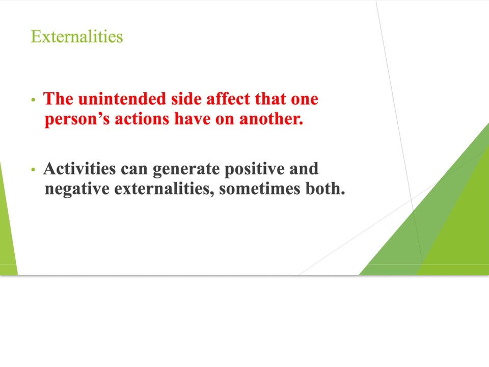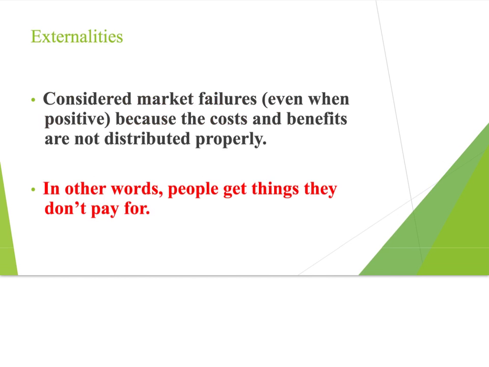I benefit because I wanted the cigarettes, they benefited because they wanted the money, so we trade. But when I smoke around others, the negative externality is the secondhand smoke. So a third party, I go home and smoke around my wife, and she then is going to feel the negative side effects of my smoking. But she didn't benefit from purchasing the cigarette, but she definitely feels the cost of that cigarette.